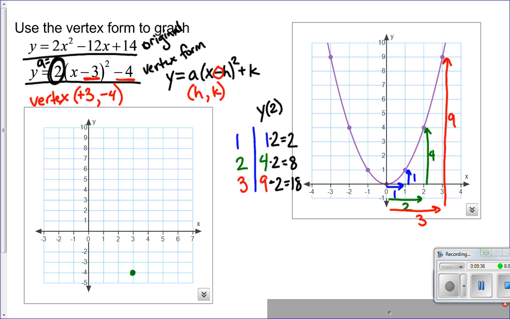gives me 18. So when I graph this one, if I go over 1 space, I actually have to go up 2 spaces. If I go over 2 spaces, I actually have to go up 8 spaces.